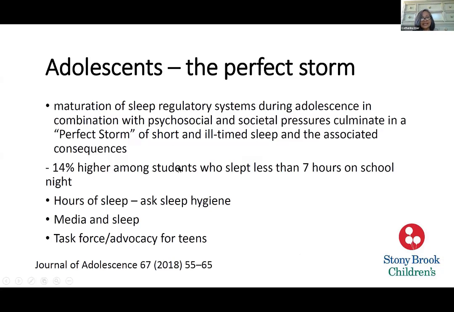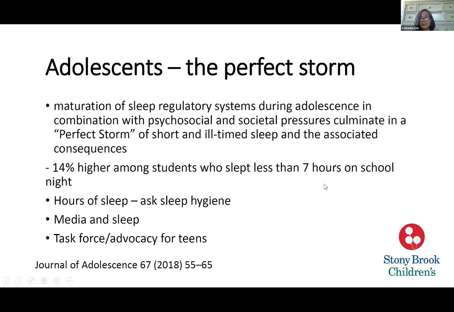It relates to the maturation of your regulatory system, which, combined with the psychosocial and societal pressures, would lead to sleep problems. So it's 14% higher among students who sleep less than 7 hours on school nights.